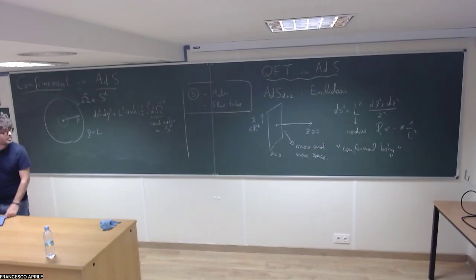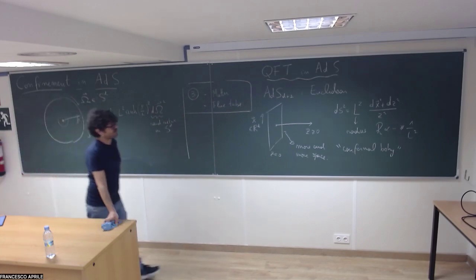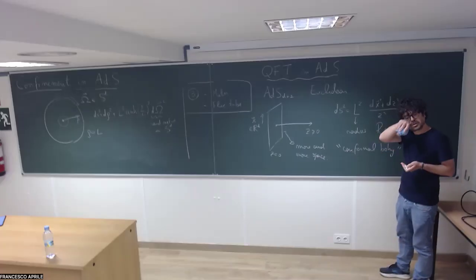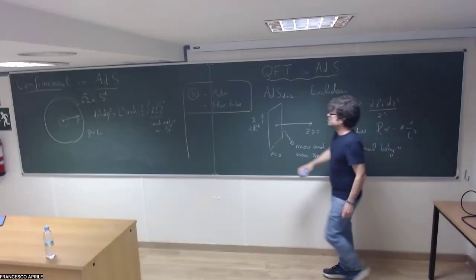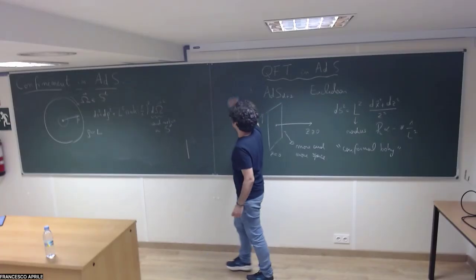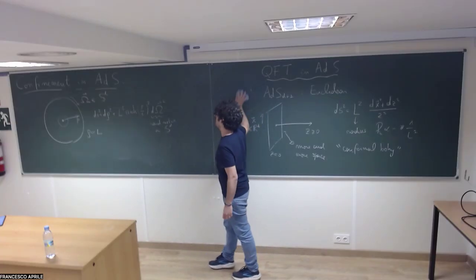Now, having told you a bit briefly what this Euclidean AdS, also known as hyperbolic space, is, why on earth do we want to study quantum field theory in this background?